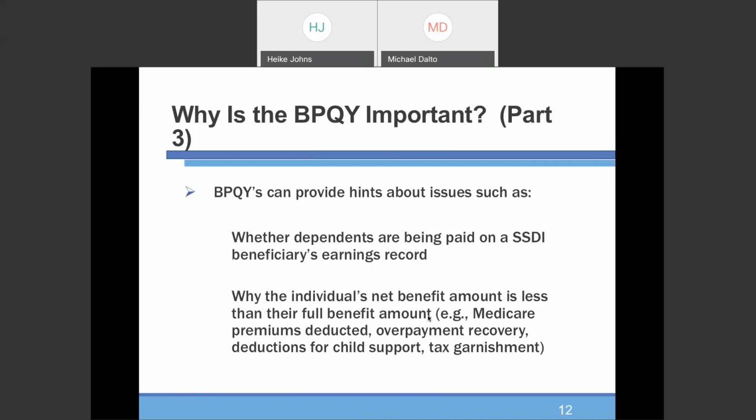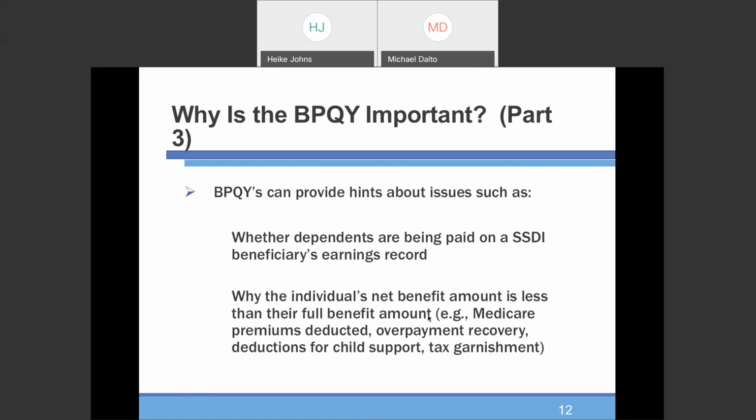The BPQY can provide hints or actual information, definitive information, explaining why a person's net benefit amount, the amount they're actually receiving, may be less than the full benefit amount they're due.